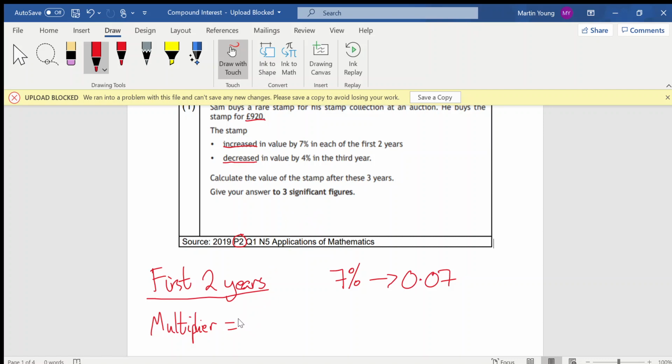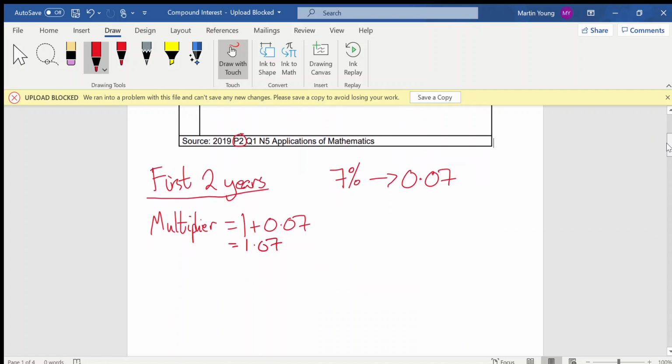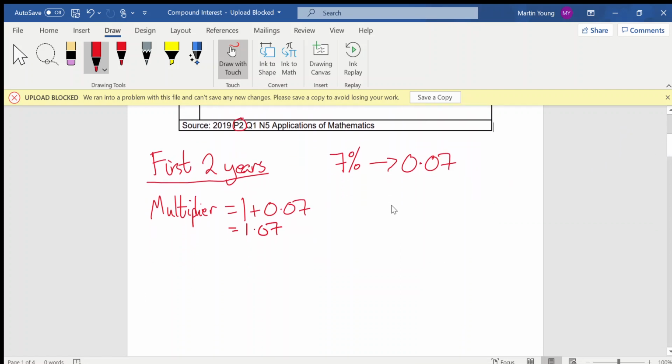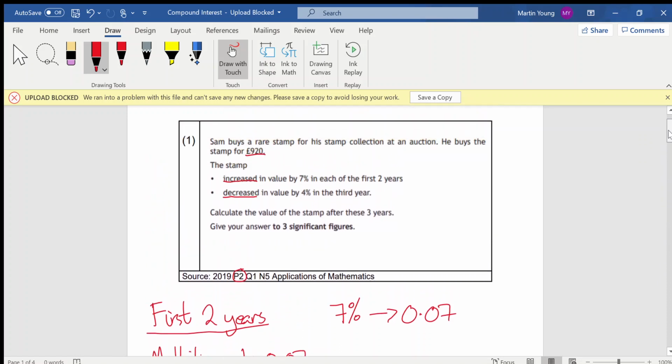So the multiplier is going to be 1 plus 0.07, so it's going to be 1.07. And that's for the first 2 years, so I know that I'm going to square that. So the value after 2 years is going to be 1.07 squared times the value we started with, which was 920.